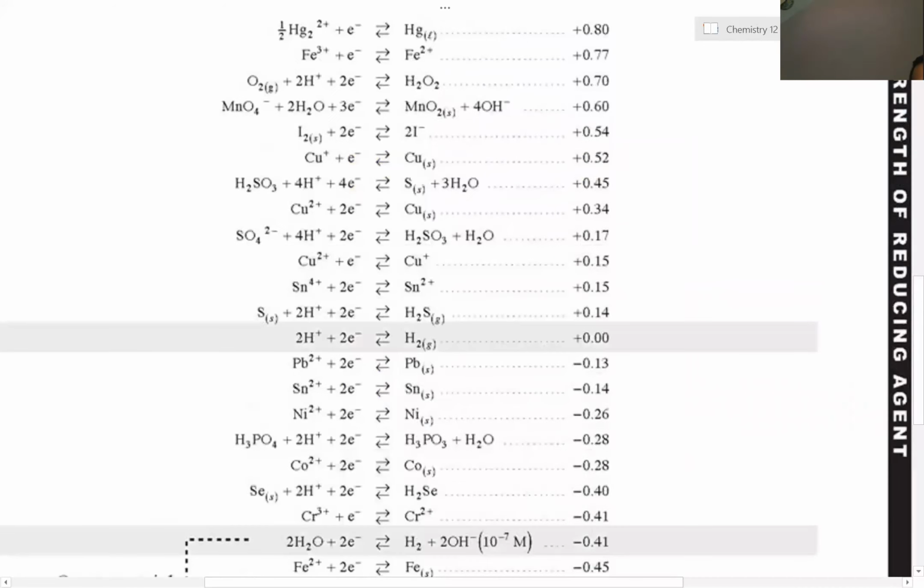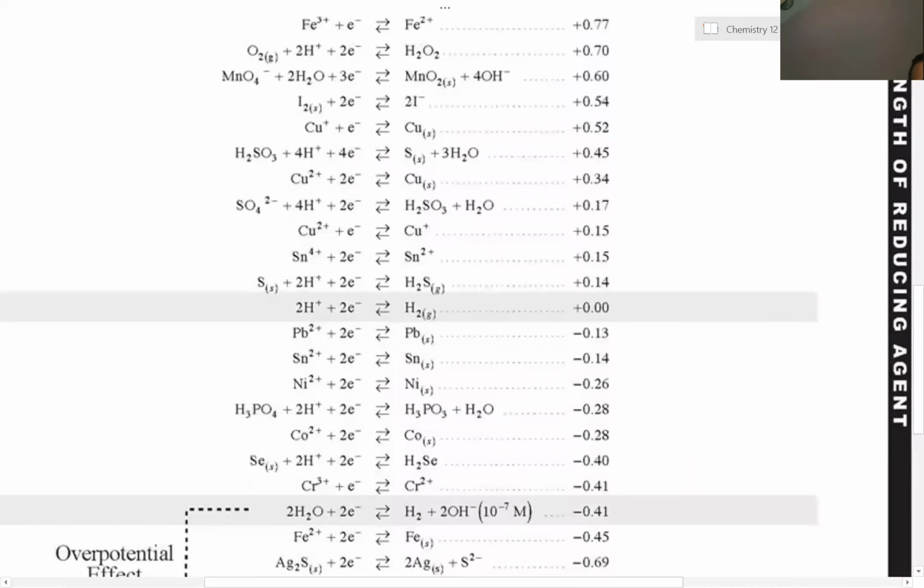Where's copper 2 plus? There it is. We have copper 2 plus, and we have water.